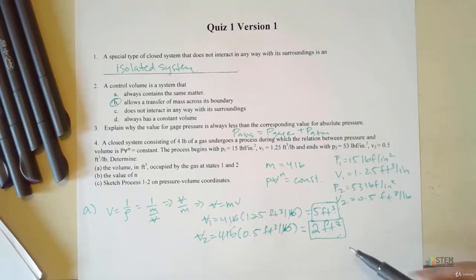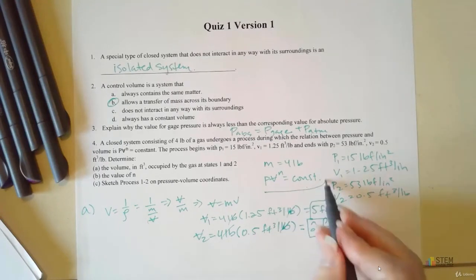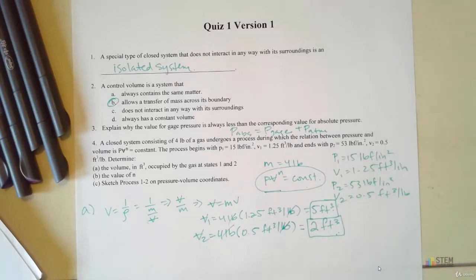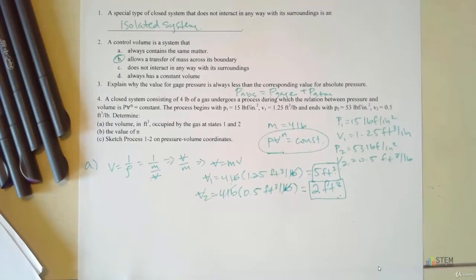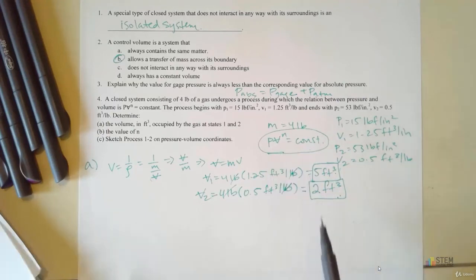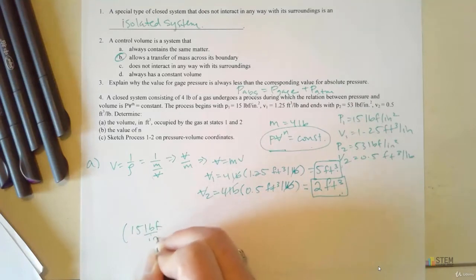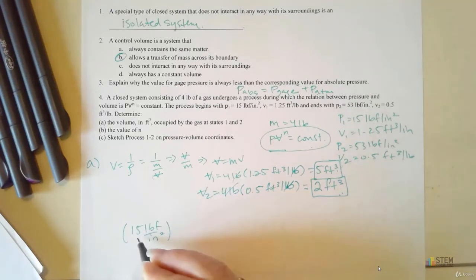Now we have to find the value of N. And the way we're going to do that is we will use this relationship right here. So let's set it up. Now we know the pressure and volume at state 1 and state 2. So using those values, we're going to plug those in. So at state 1, we've got a pressure of 15.